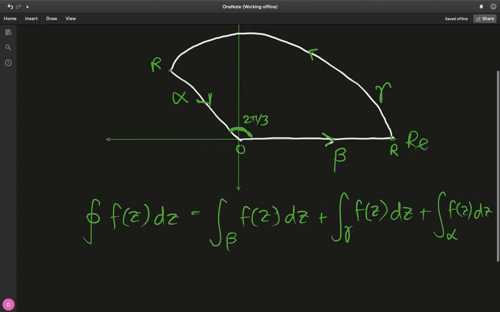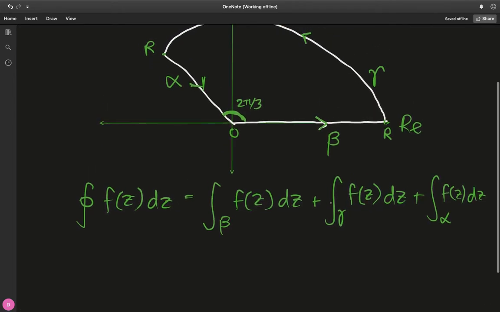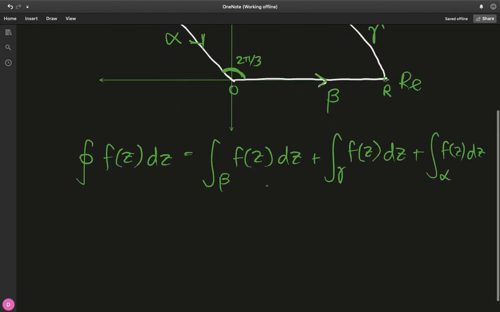And what we are going to do is parameterize each of the paths, and while doing that you'll know the reason for subtending an angle of 2 pi over 3 and not pi radians like we always do.